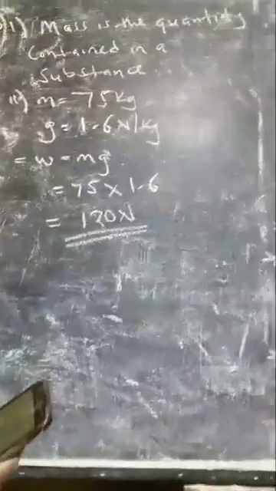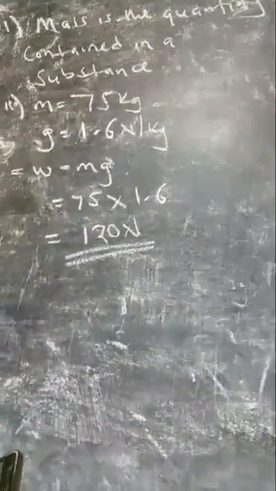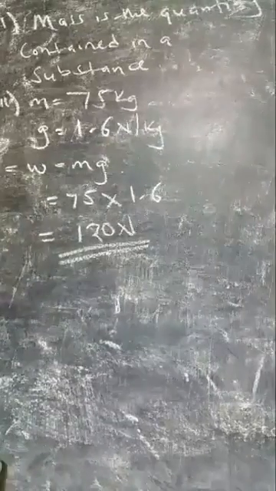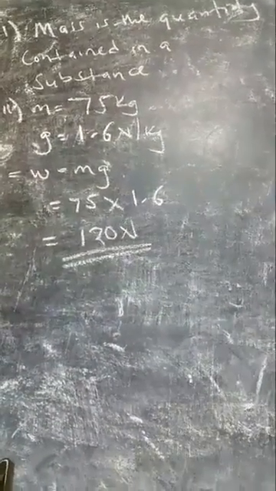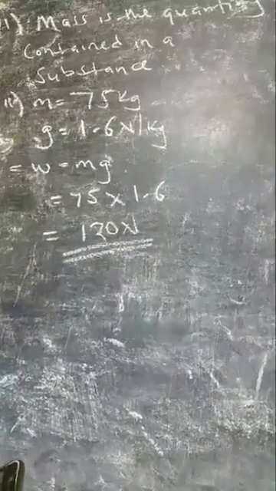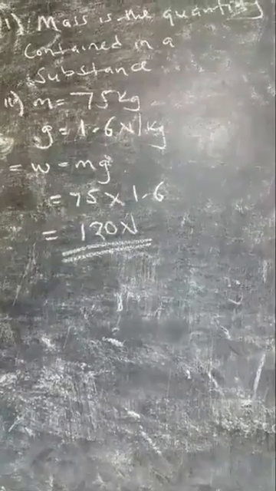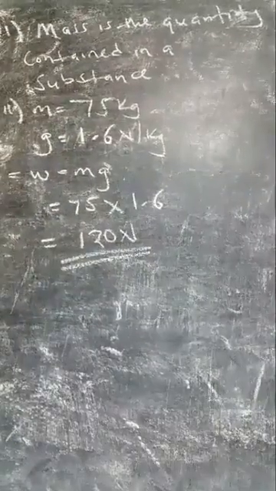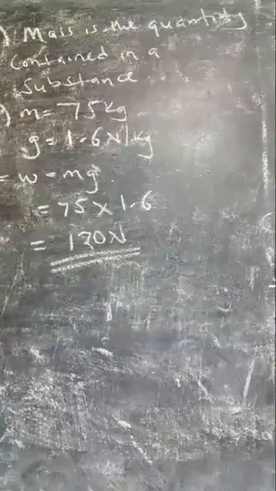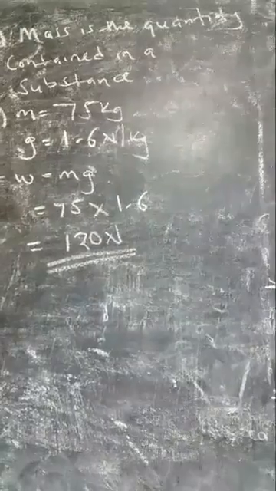So we shall continue from number 5, then 6, then 7, then 8, then 9. Then we shall continue with section B later on, after we go through the topics.